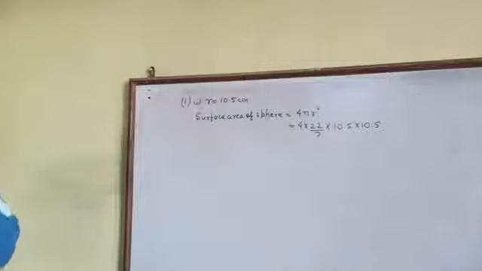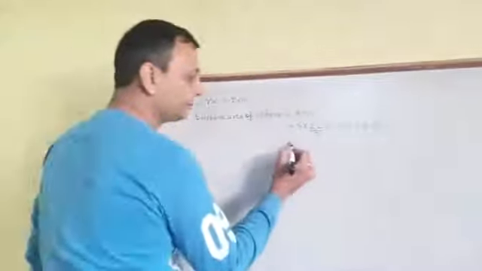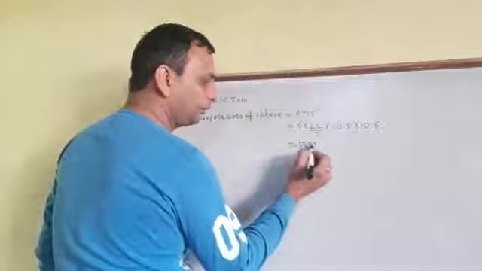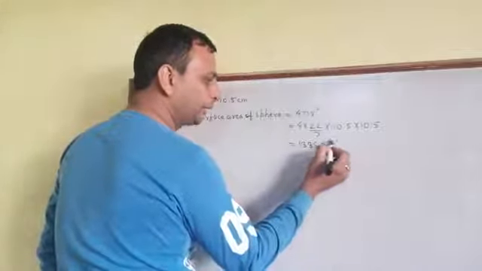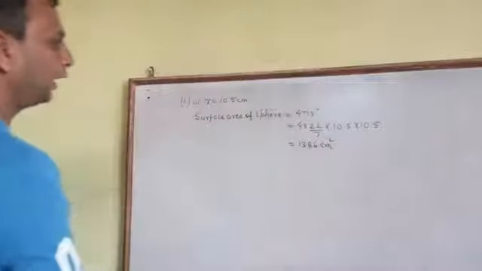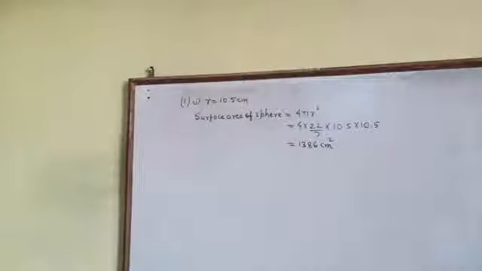On calculating we will get 1386 centimeter square as the answer. So this is the answer for how to find the area of the sphere when the radius is given.